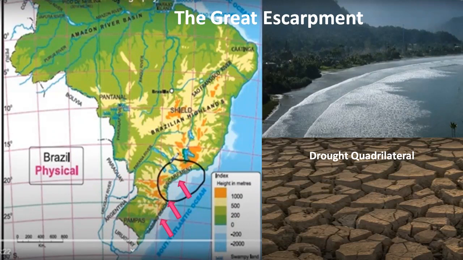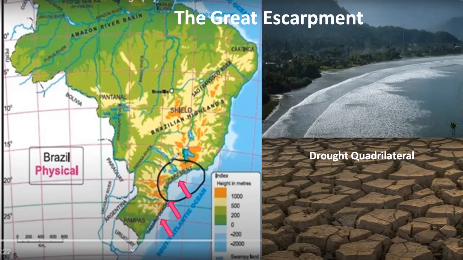In the east, the altitude of the escarpment is 790 meters. But in some regions, the height decreases. In the south, that is right from Sao Paulo to Porto Alegre, the escarpment is very steep.